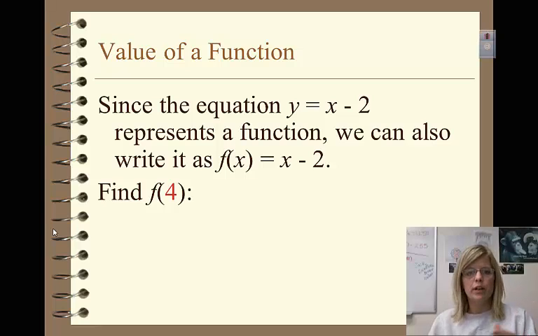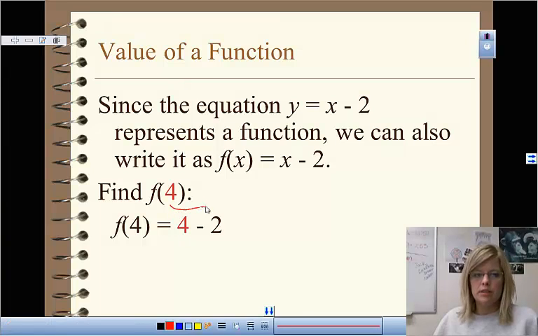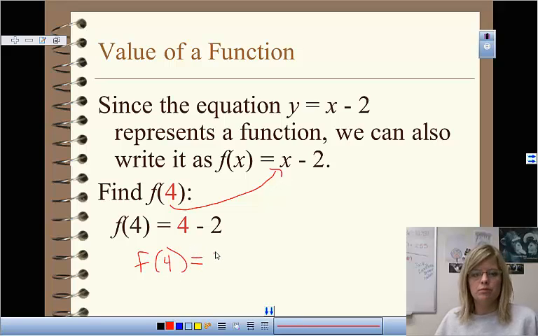Replace the 4 into the x. So if I was to rewrite my equation, I just substituted this 4 into that x. And what is f of 4 equal? What's 4 minus 2? 2. Yeah, it's that simple. That's what we're going to be doing for, I think it's about 8 more problems of your assignment today.